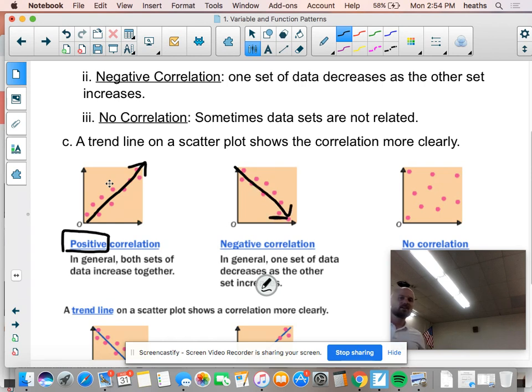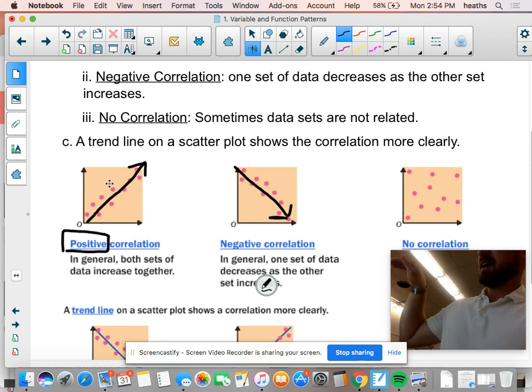So as one set of data increases, in this example, with this negative correlation, the x values would be increasing, but notice the y values are making the trend go downward. So negative correlation means that they're moving downward, or all of those data sets are decreasing.